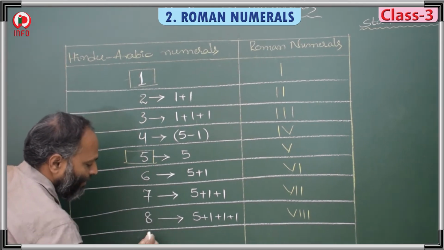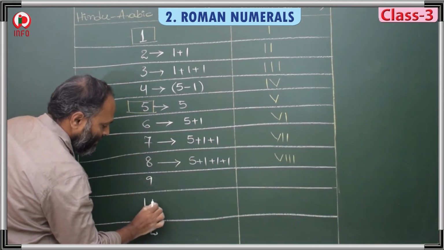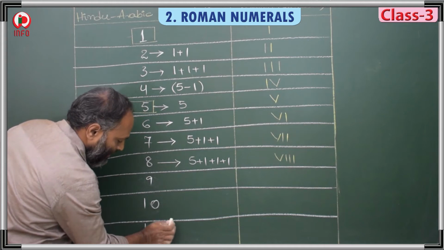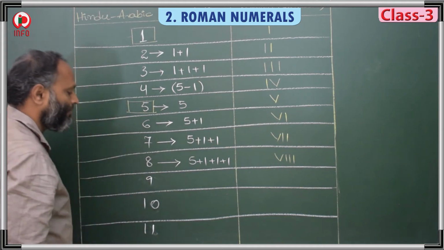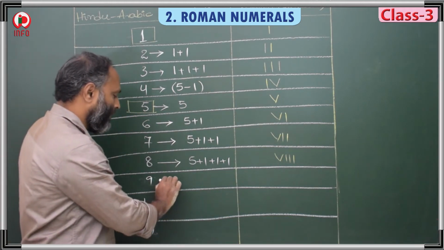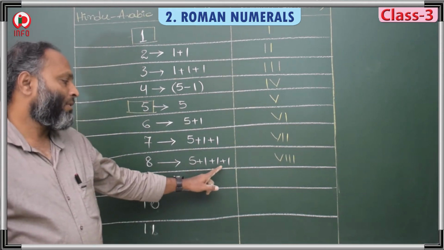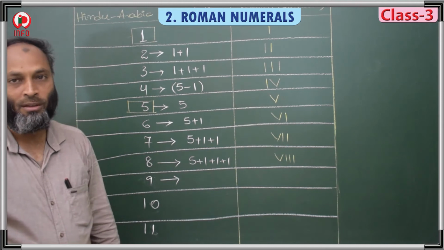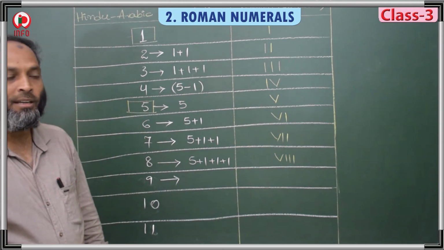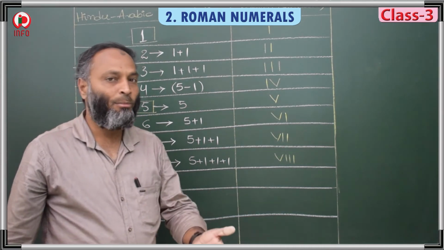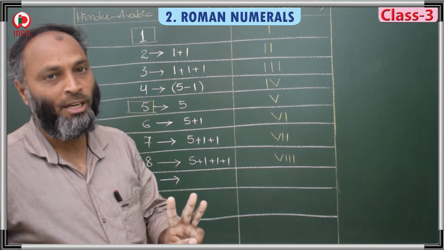And 9, sorry, here we have to take 9. This is 10 and this is 11. Then how do we represent 9? 5 plus 1 plus 1 plus 1 plus 1, 4 times 1? No, it is not correct. Why? Because any Roman numeral repeats a maximum of 3 times.